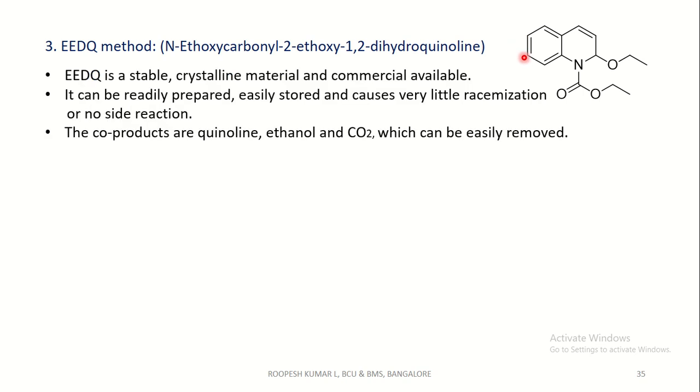EEDQ is a stable crystalline material and it is commercially available. It can be readily prepared, easily stored, and causes very little or no racemization and no side reaction also. The co-products, that is, the byproducts, are quinoline, ethanol and carbon dioxide, which are obtained during peptide synthesis and can be easily removed.